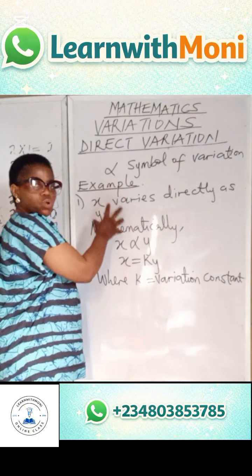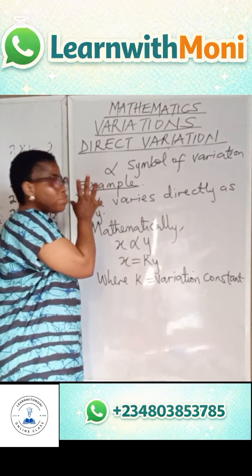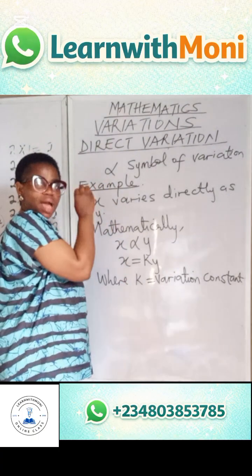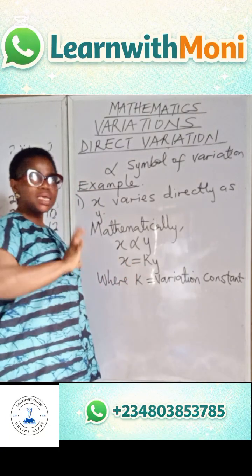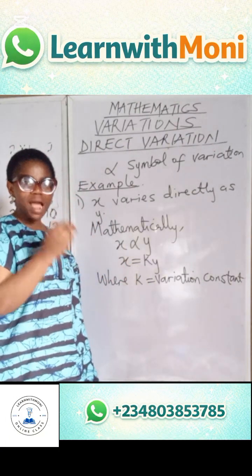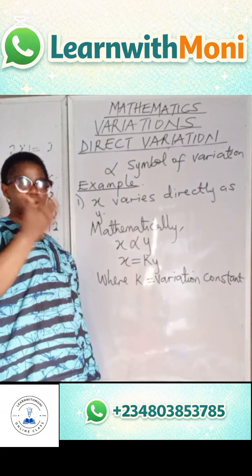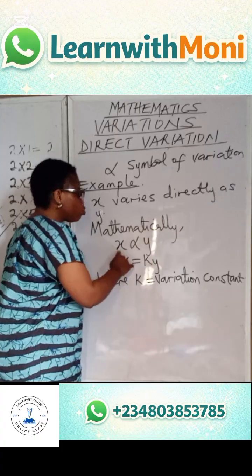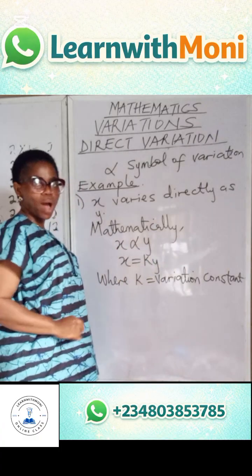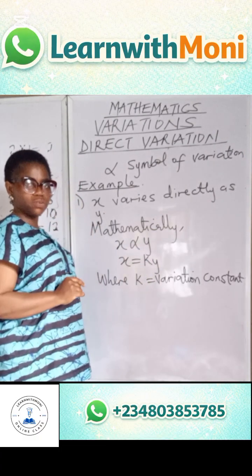For the quantities x and y described here, the k, which is the variation constant, is the constant that describes the rate at which the increase or decrease happens to the two variables x and y in this question.